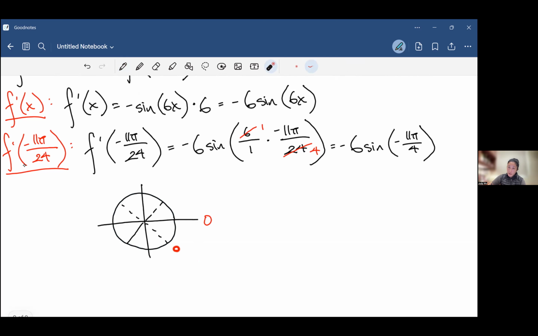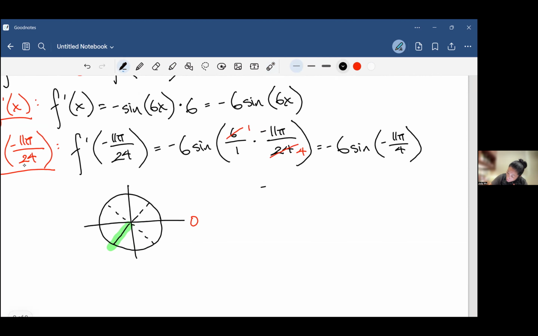So 1 pi over 4, 2 pi over 4, 3 pi over 4, 4 pi over 4, 5, 6, 7, negative 8 pi over 4, negative 9 pi over 4, negative 10 pi over 4, negative 11 pi over 4. So this is the angle that I'm going to find the y value of because sine is the y value. Okay. Now, when I go ahead and find that y value, I get negative root 2 over 2.